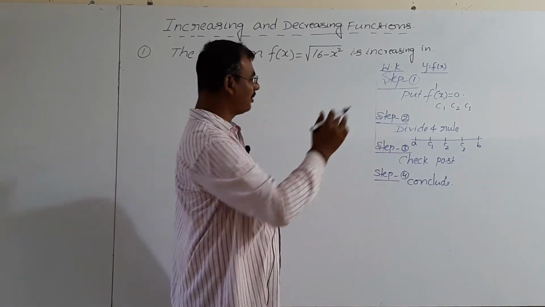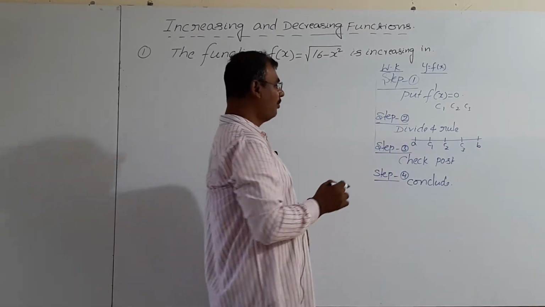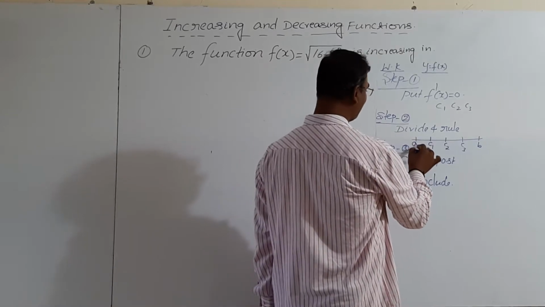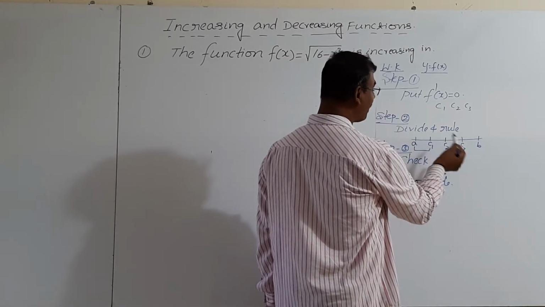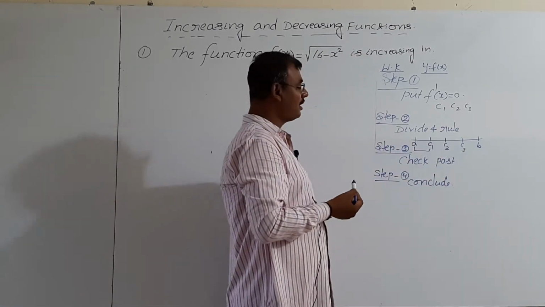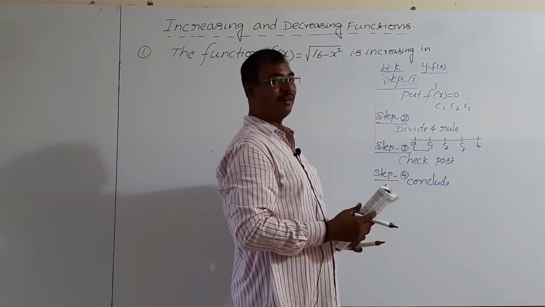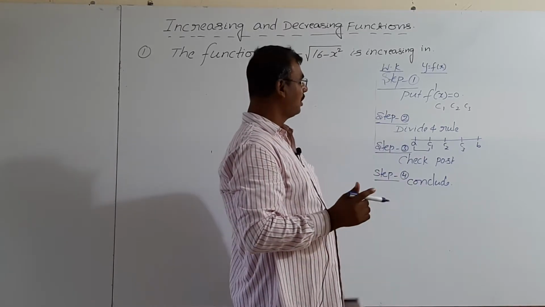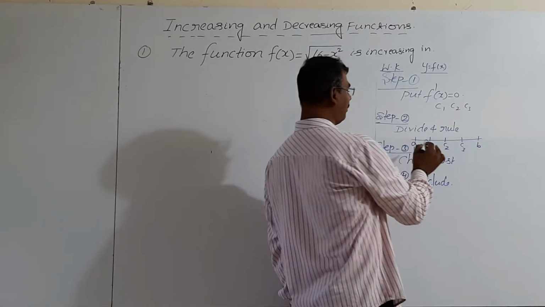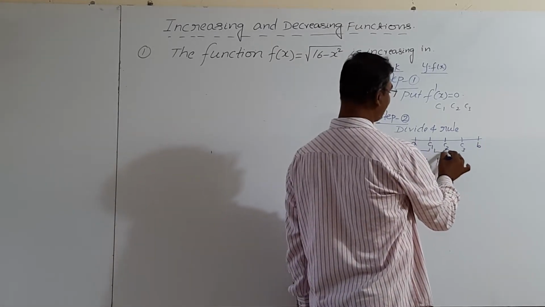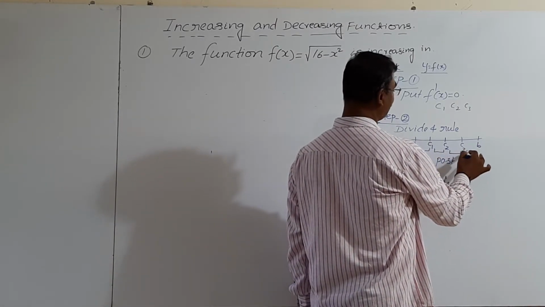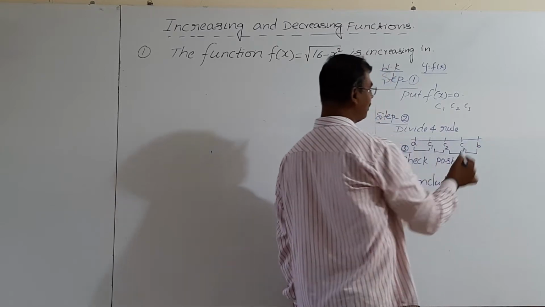So divide and rule. Observe what we are getting here: sub-intervals are formed. Sub-intervals are a to c1, c1 to c2, c2 to c3, c3 to b.